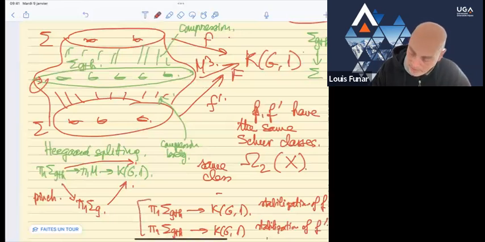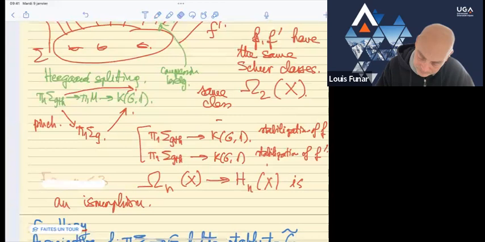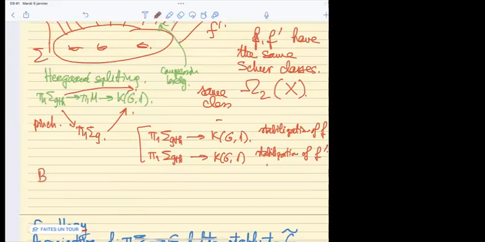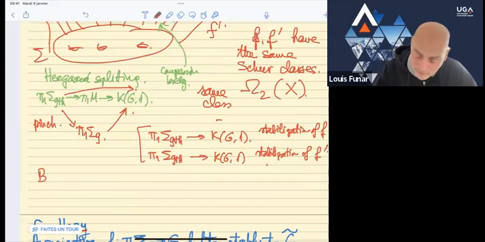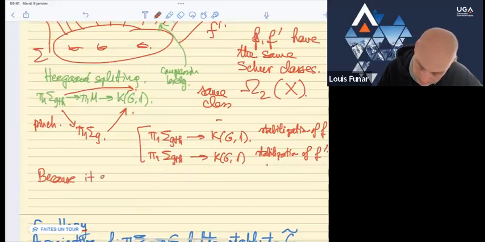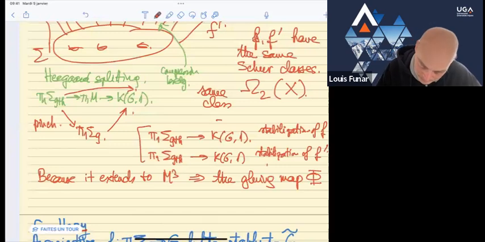And these two are actually equivalent by the action of a homomorphism, because this extends to M3, the gluing map, let's call it big pi, of the two compression bodies.